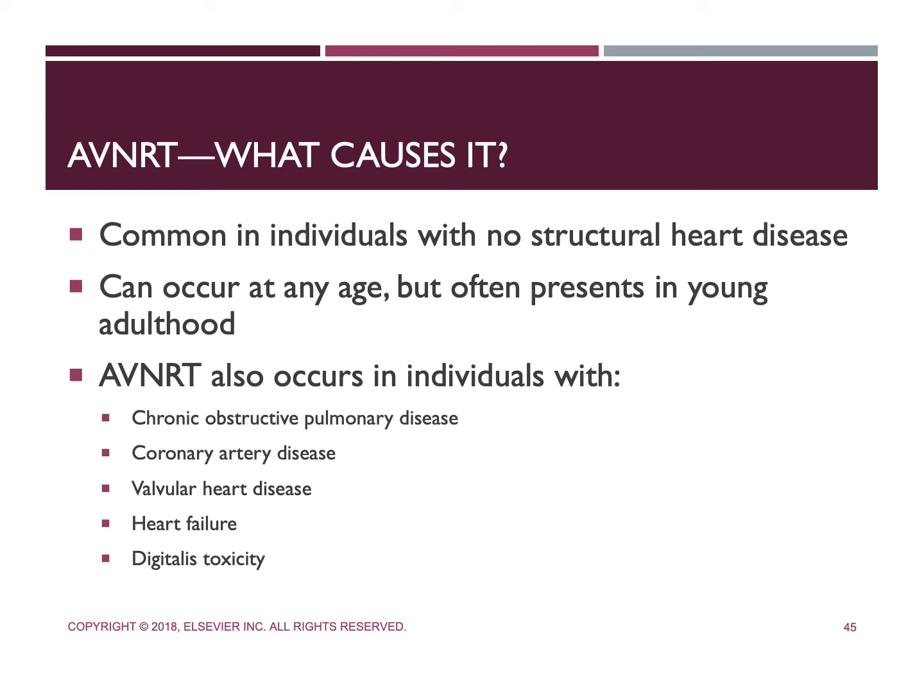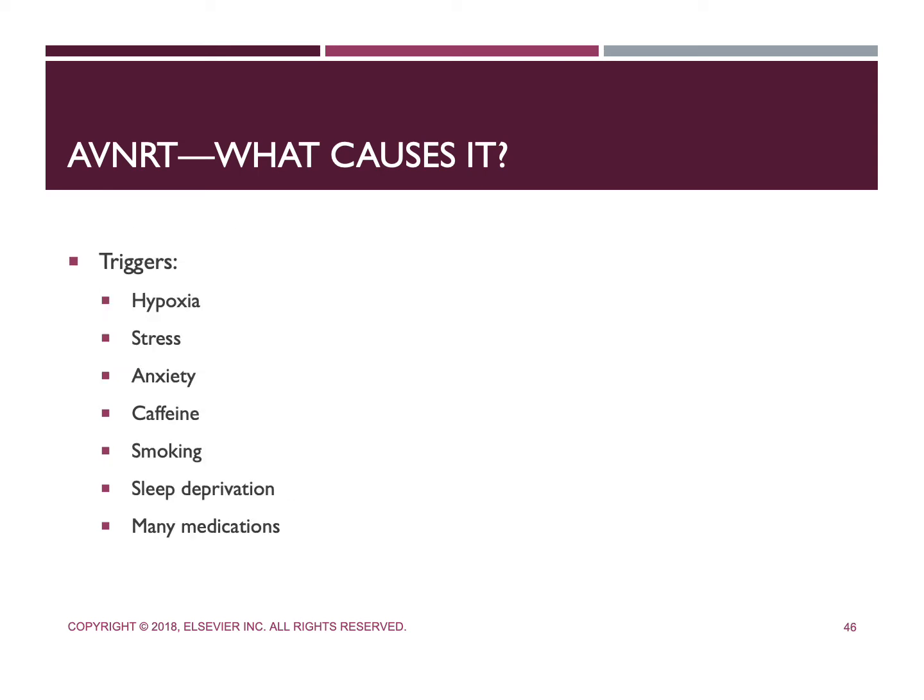We may also see AVNRT in patients with chronic obstructive pulmonary disease, what we call COPD, CAD, valvular heart disease, heart failure, and even digitalis toxicity. AVNRT can also be triggered by specific things.